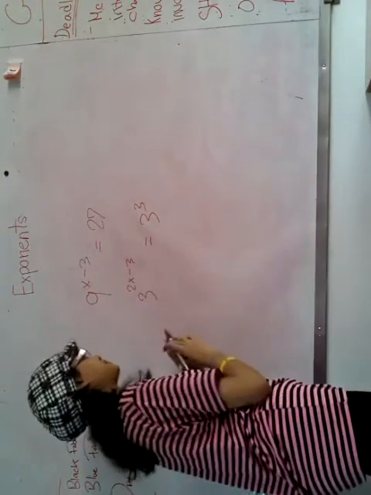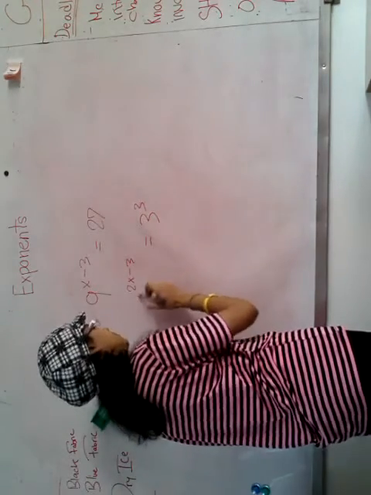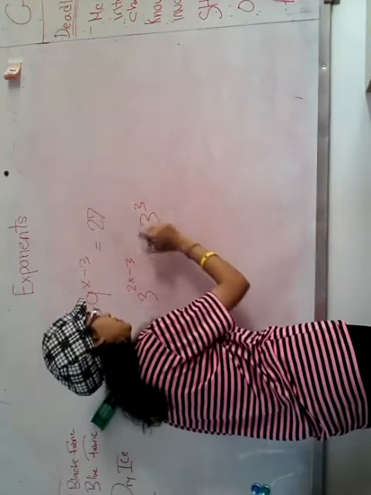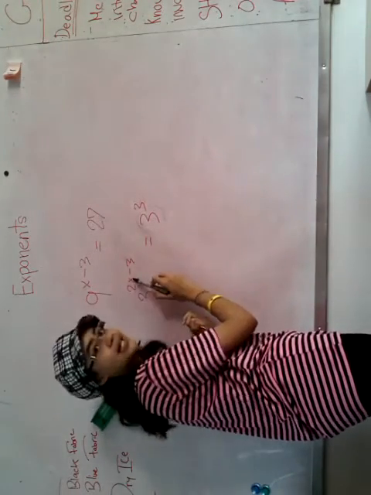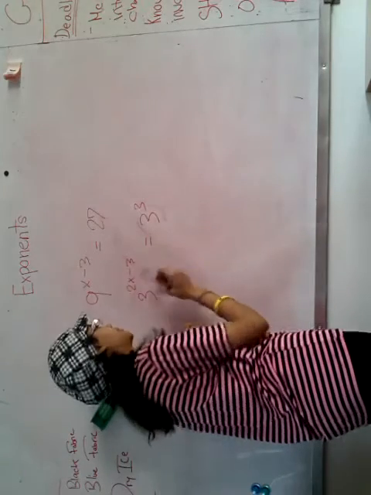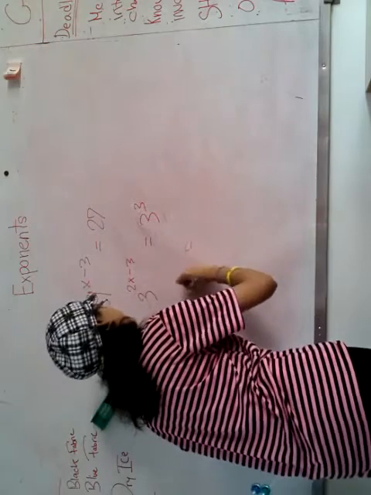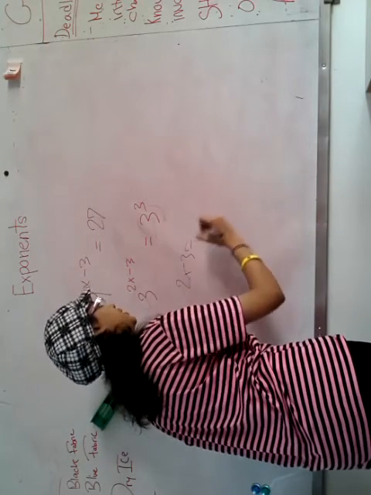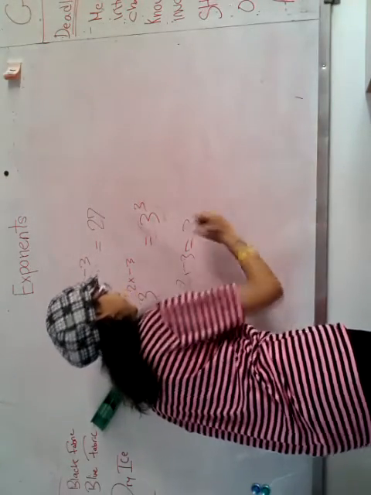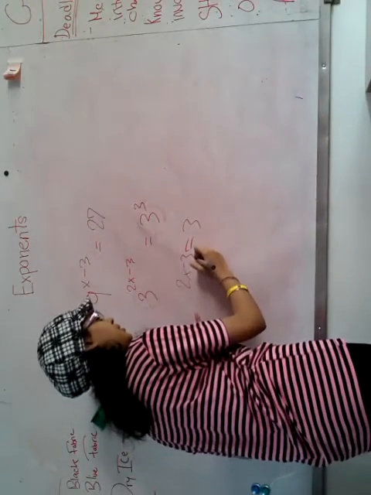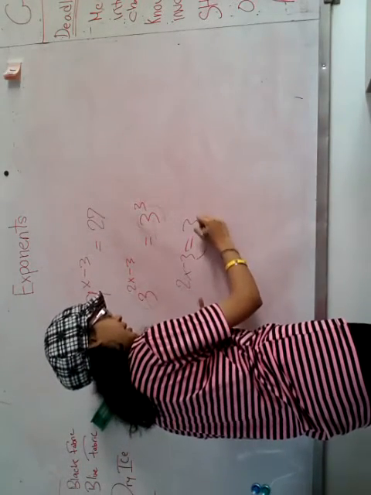There, like that. So now you forget about this one first, because we need to find the x for the power. So forget about that first. It will be 2x minus 3 equals to 3. So now you move 3 there, negative 3 there.